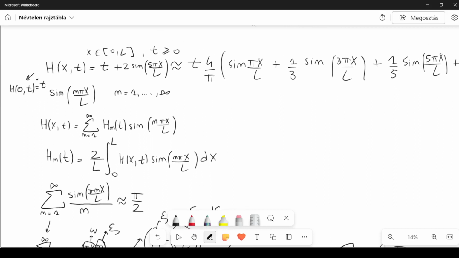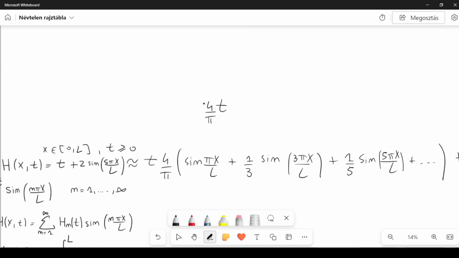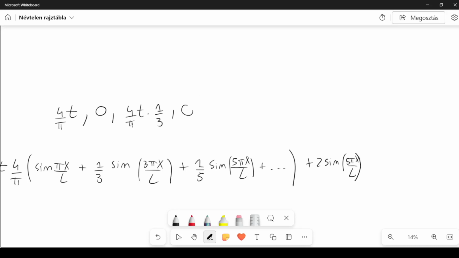So this is the basis, but the second coefficient for n equal to 2 would be 0, because we only have the odd numbers, so here we have 0. Then we have 4 over pi t times 1 over 3 for this. Then the fourth term would be 0. Then we would have 4t over pi times 1 over 5.